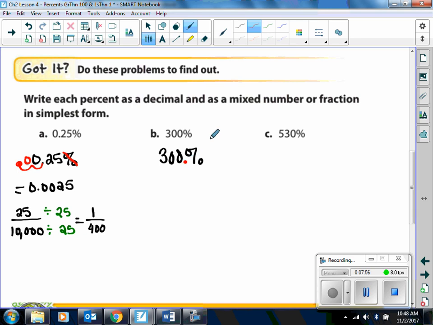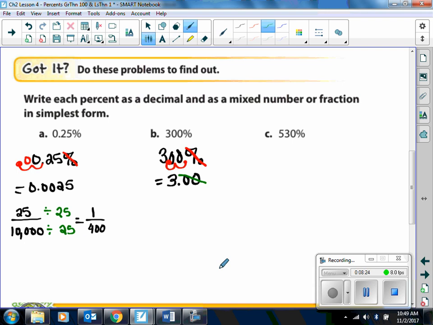When I want to go from percent to decimal, which way do I go? To the left, 2 places to the left, and then we put our decimal right there and take away our percent sign. So 300% as a decimal will be 3.00. But do I need to have that 0.00 in there? No. So I could just write 3.